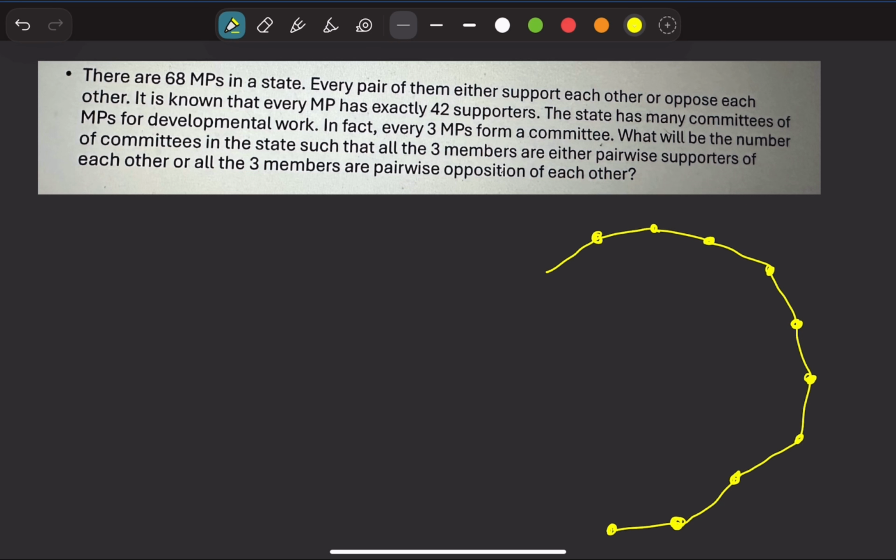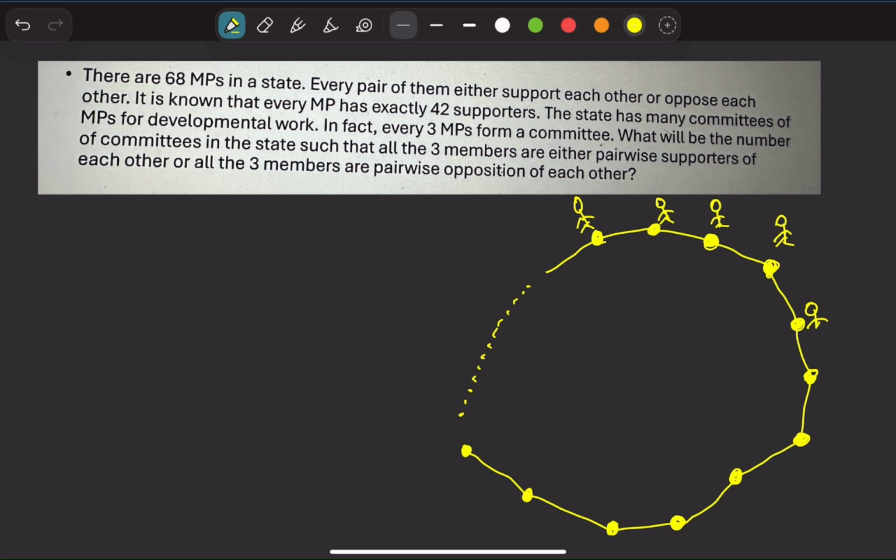Since we cannot draw all those vertices, we will draw just some of them and leave it at this point, and let us say there are some more sides here. Since the polygon has 68 sides, there will be 68 vertices of this polygon, correct? So let us assume each vertex is an MP.